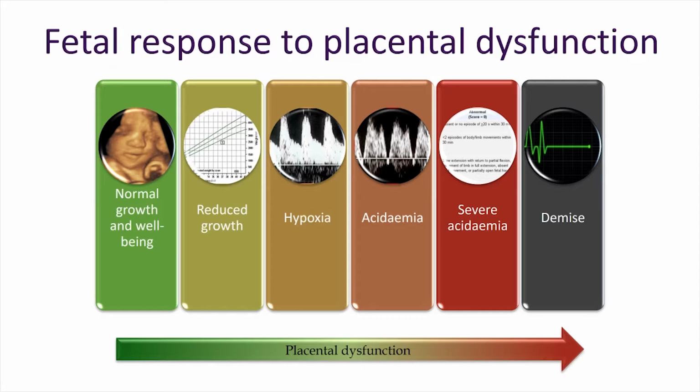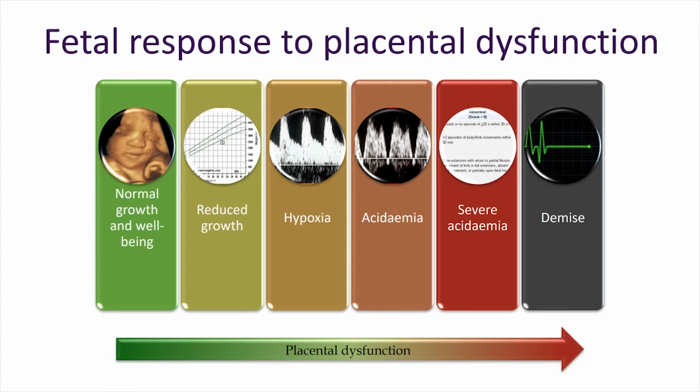The next thing is that oxygen transfer decreases, so the fetus starts to become hypoxic, and that's where we see decreased amniotic fluid volume and changes in the middle cerebral artery. As the fetus becomes mildly acidemic, we see changes in the ductus venosus, and as it becomes severely acidemic, we see decreased limb and body movements and decreased breathing movements. And we use this information to try and work out the optimum timing of delivery.